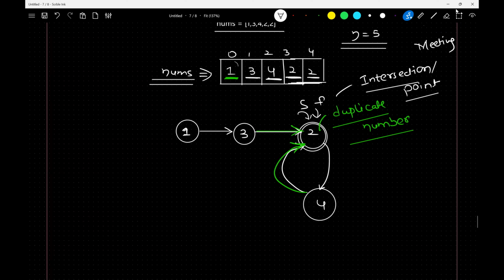Priya, you wanted to take one short example with the nums array. Okay. Let's take 5, 4, 3, 2, 1.